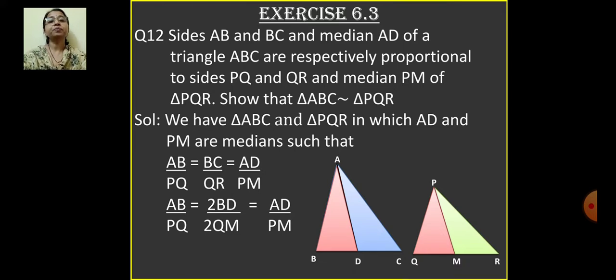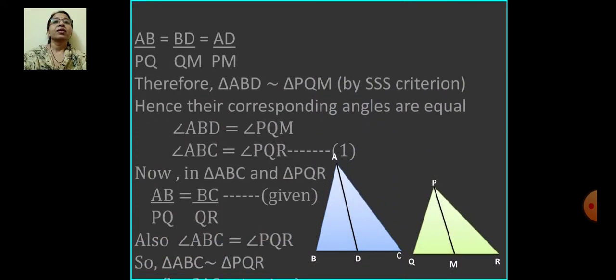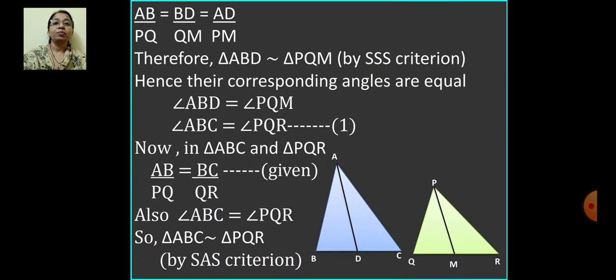So right here, replace AB upon PQ as it is, this BC you can write as 2 times BD, and this QR can be written as 2 times QM, and the third ratio as it is. Now this 2 and 2 will get cancelled. So you will get three ratios as AB upon PQ is equal to BD upon QM is equal to AD upon PM.